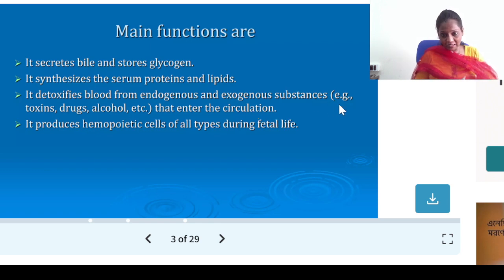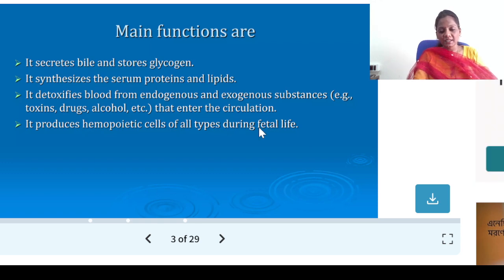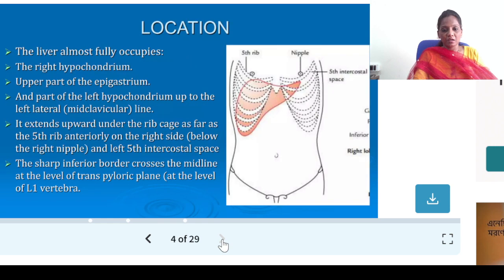Suppose you take any form of toxins, maybe poison, or intentionally taken poison like pesticides, or any drugs or alcohol, etc. These are all called dangerous substances, and the liver helps to detoxify them. It also produces hemopoietic cells of all types during fetal life, which means it helps in the formation of new cells. So that is about the main functions.